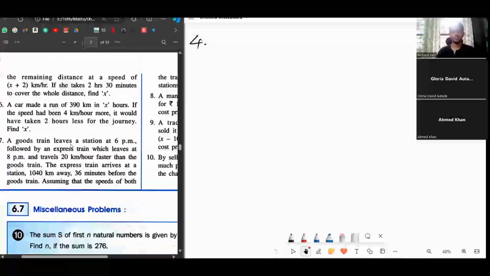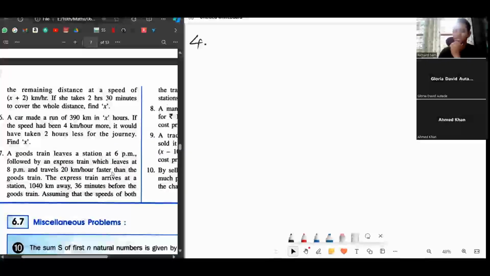Okay, let's read. A goods train leaves the station at 6 p.m., followed by an express train which leaves at 8 p.m. and travels 20 km per hour faster than the goods train. The express train arrives at the station 1040 kilometers away 36 minutes before the goods train.